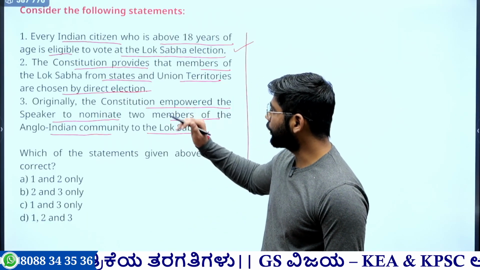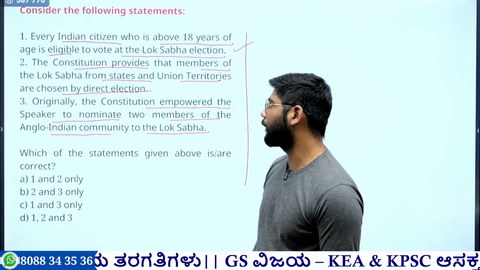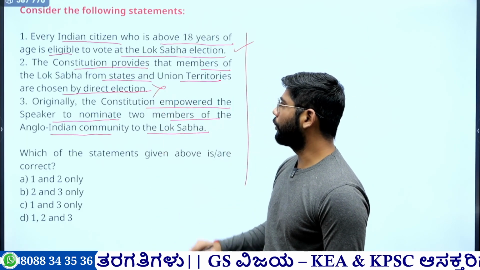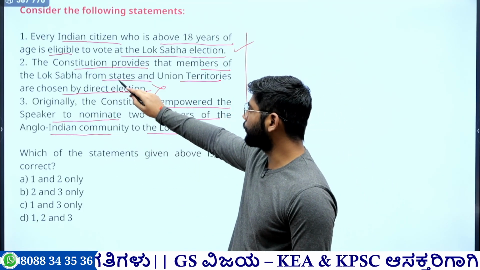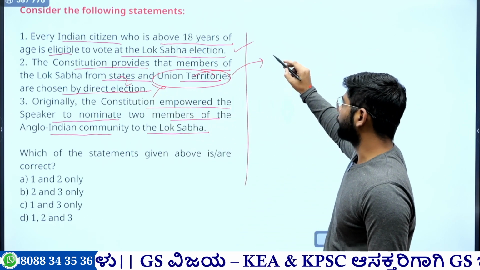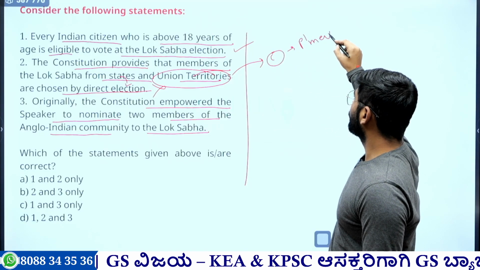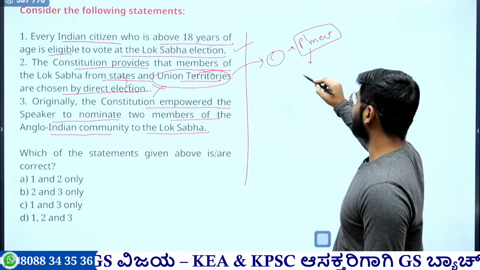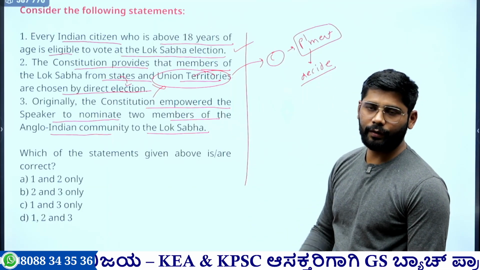Okay. Second statement, the Constitution provides that members of Lok Sabha from the states and Union Territories are chosen by direct election. This statement is wrong because the Constitution provides that members of Lok Sabha from the states are chosen by direct election. When it comes to Union Territories, the Constitution empowered the Parliament to decide how the Union Territories will get representation in Lok Sabha.